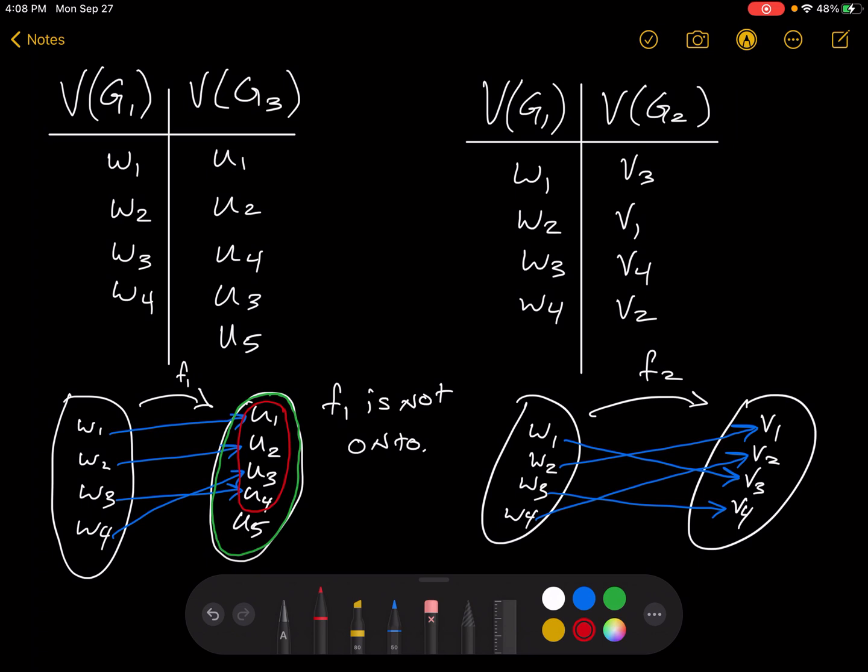And again, I'll circle the range, the outputs, in red. And I'll circle the target, really everything, in green. And so in this case, you can see that, in fact, the range equals the target. So f2 is onto.